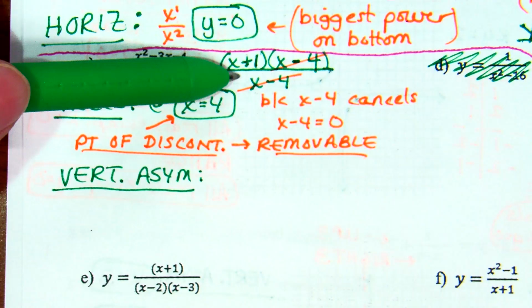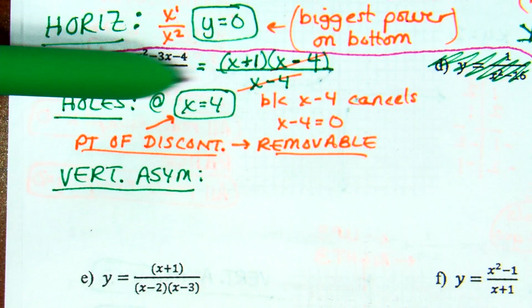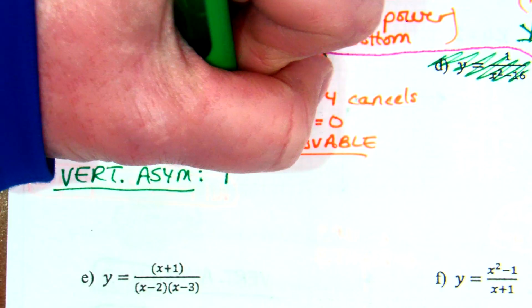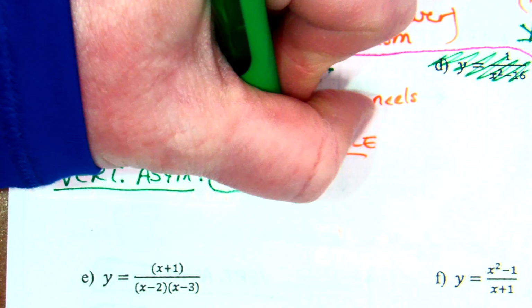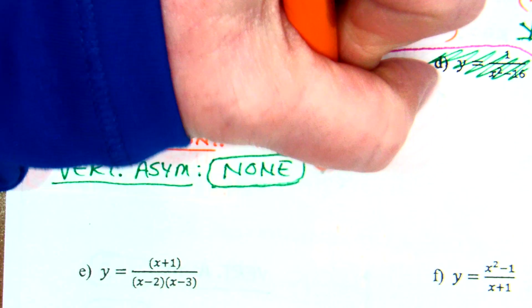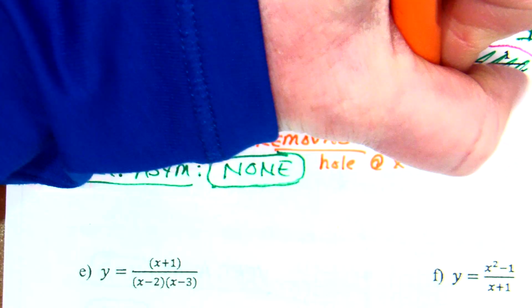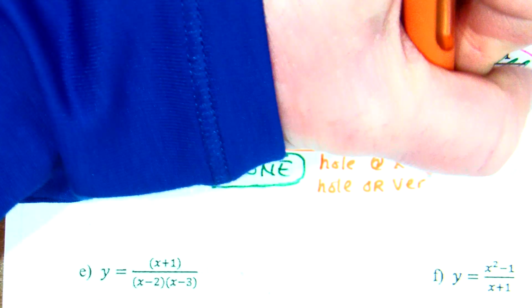If you want an explanation, there was a hole at x equals 4, and it could be a hole or a vertical asymptote, not both. Feel free to write yourself notes.